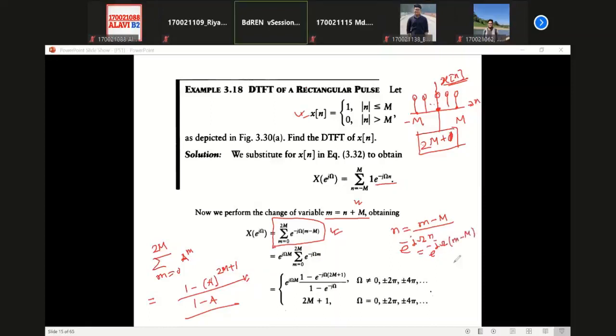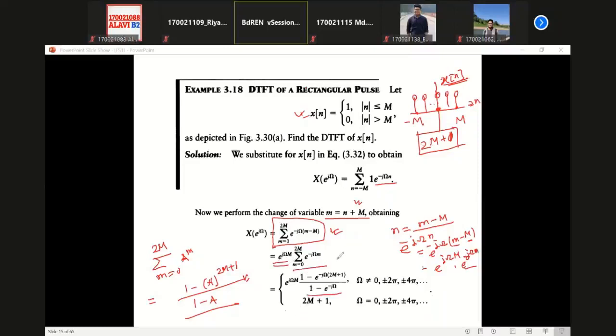And here m is the variable, capital M is not variable. Then you can separate this term, e to the power j omega capital M, from e to the power minus j omega m. So this is taken out of your sum. Then we can easily evaluate the sum into this form.